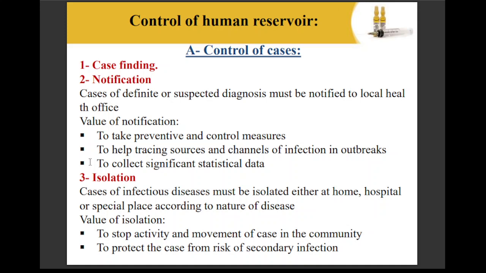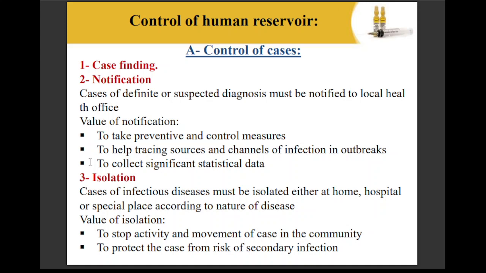Suppose there is an increase in the number of cases, more restrictions should be implemented with immediate effect. To help trace the sources, contact tracing must be carried out. Collecting significant statistical data, so all this data is pulled together and given for statistics, and based upon that statistics, the government or the agencies come up with their findings.